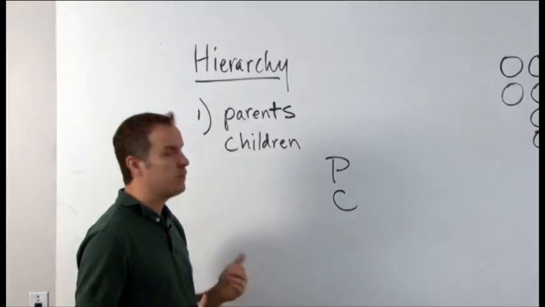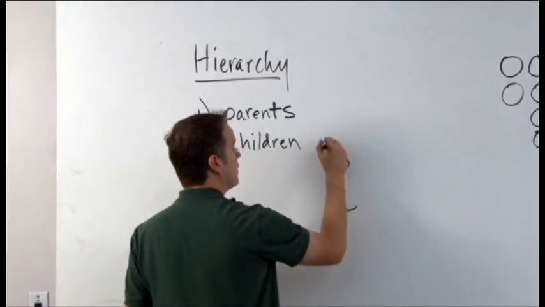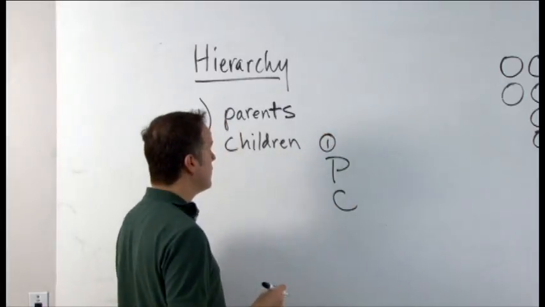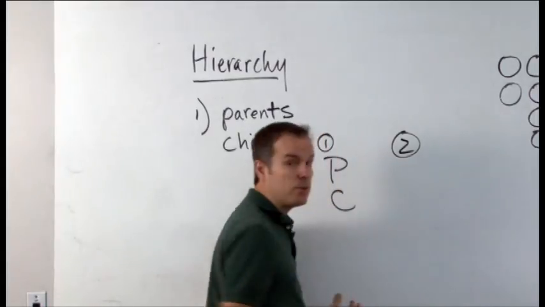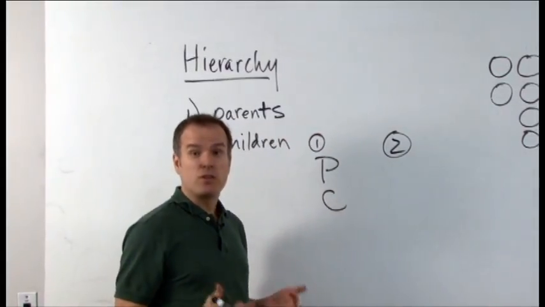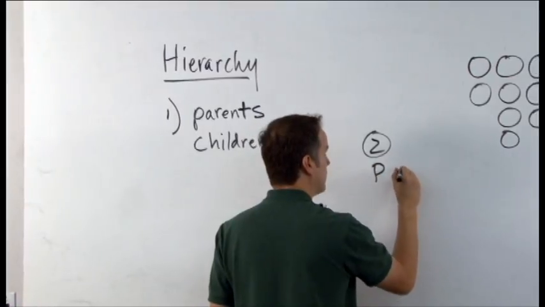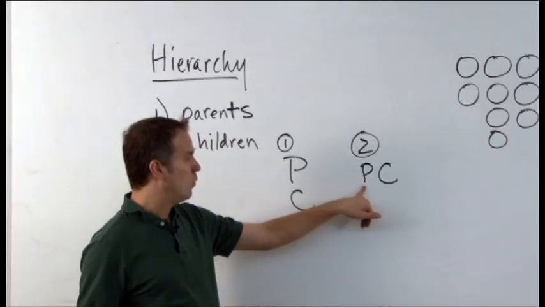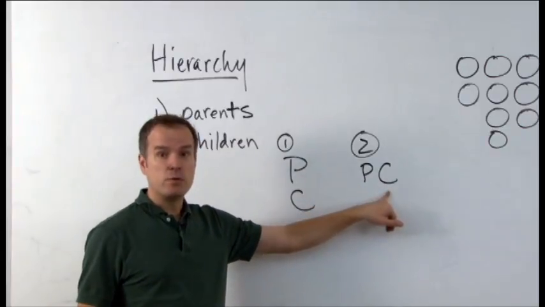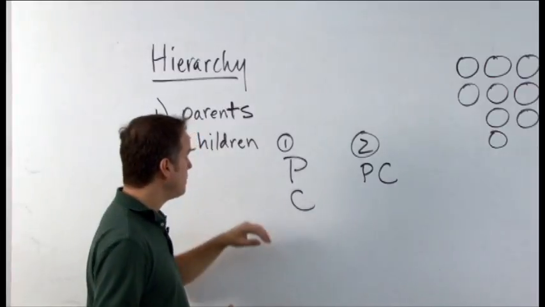So that's one way that we can show the parent-child relationship. Two, another way to show it, is that generally speaking, children are placed to the right of parents. So if we see two elements, one to the left and one to the right, generally speaking, the child element is the element to the right.